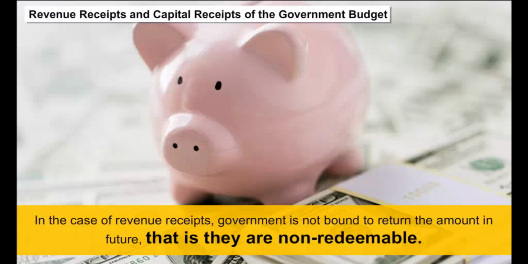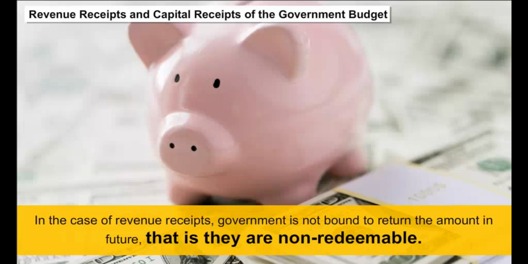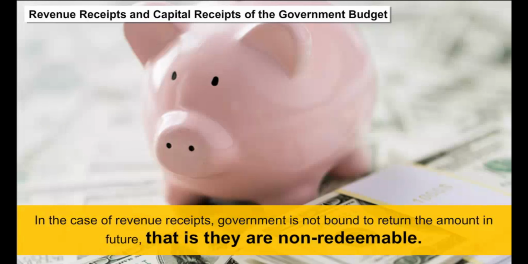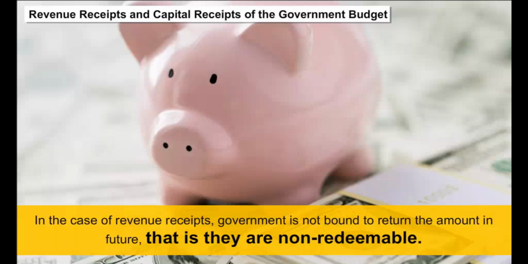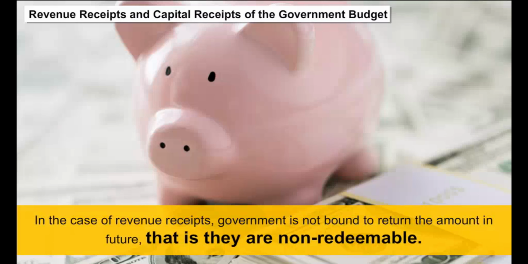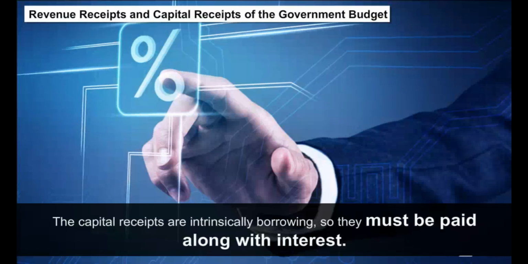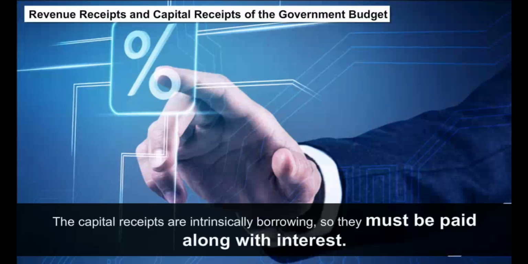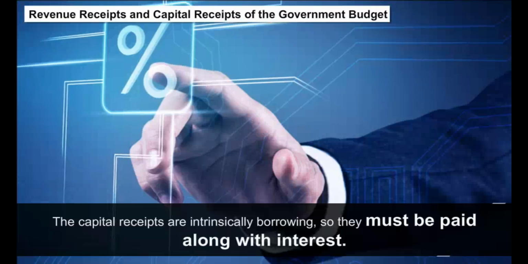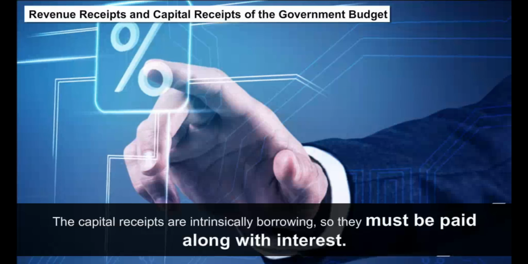In the case of revenue receipts, the government is not bound to return the amount in future, that is, they are non-redeemable. But capital receipts are intrinsically borrowing, so they must be paid back along with interest.